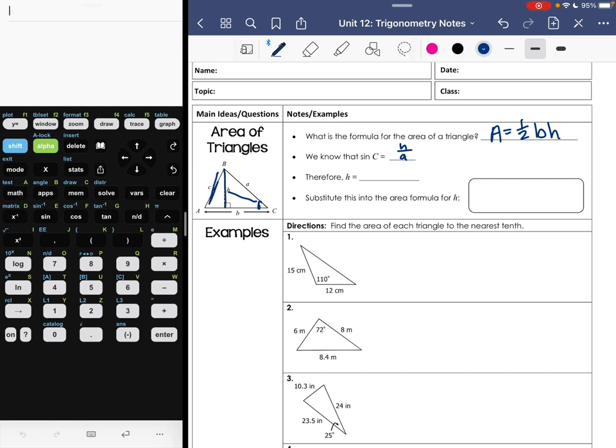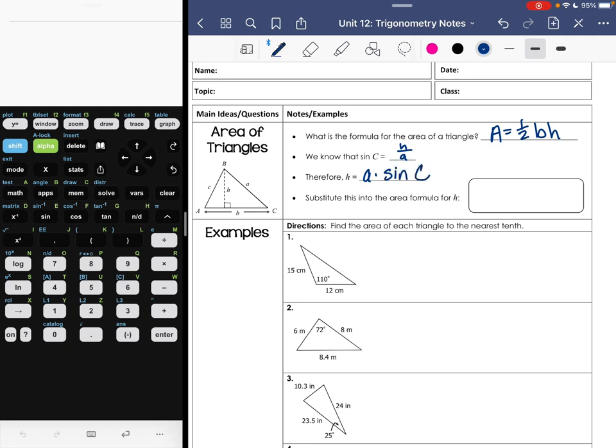So we're ignoring this part of the triangle, and we're using the opposite, which here is h, or the height, over the hypotenuse of that inside right triangle, which is A. So we can extrapolate that the sine of C is h over A in this particular triangle, which means that the height is A times the sine of C.